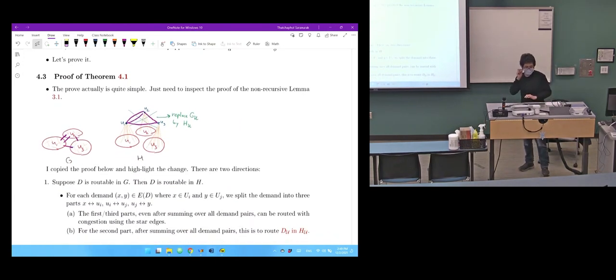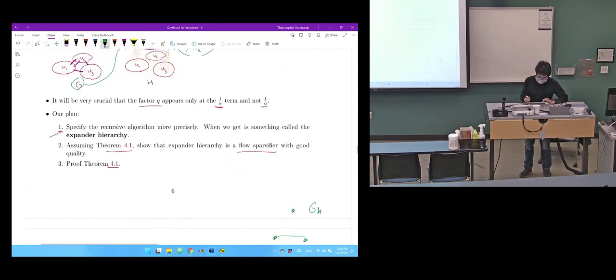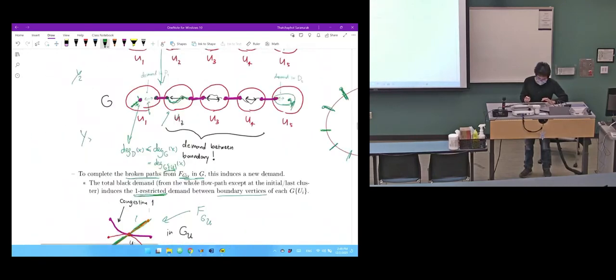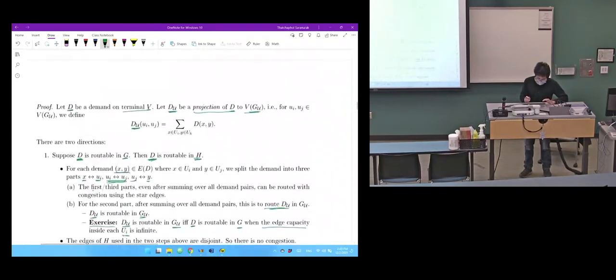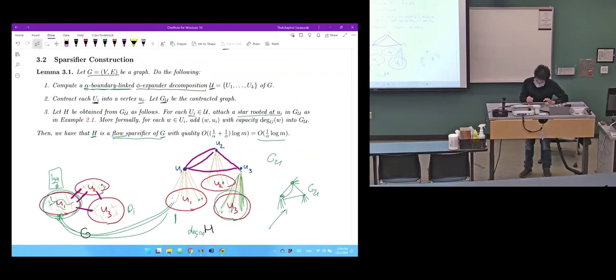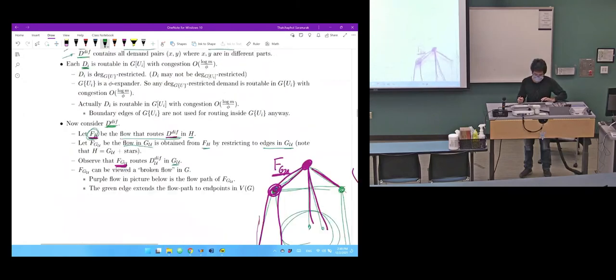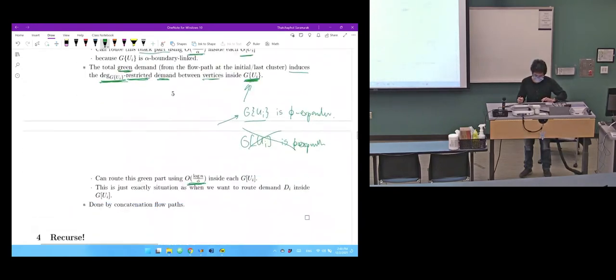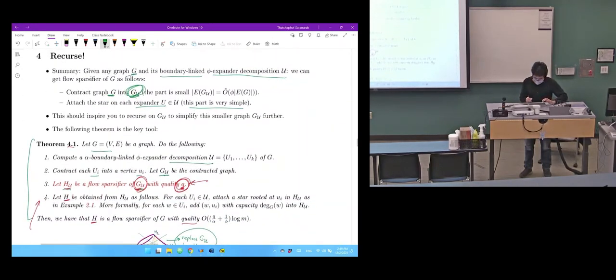All right. And now I just need to prove to you the theorem. Basically, we have seen the non-recursive version, which gives you this. And now instead of working with GU, we want to work with SU, with quality Q, and we want the quality to be this.